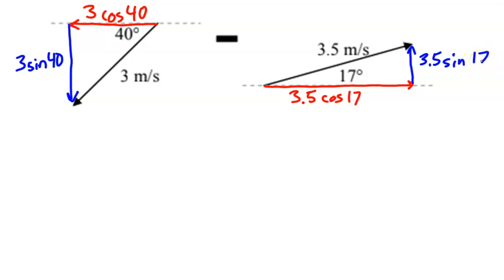I have already done the math on these, so I can just tell you what they're equal to. 3 cosine of 40 is 2.30, and 3.5 cosine of 17 is 3.35. And then 3 sine of 40 is 1.93.